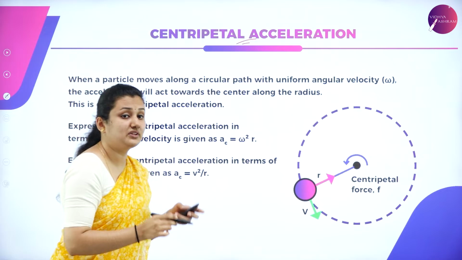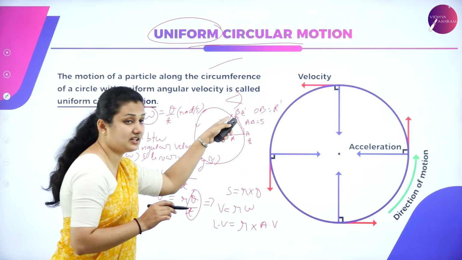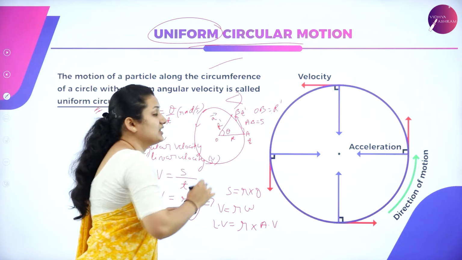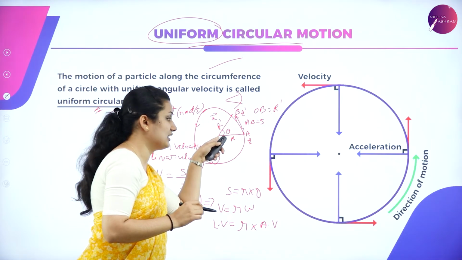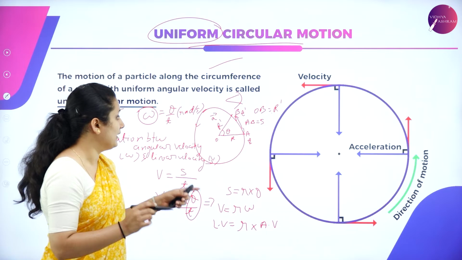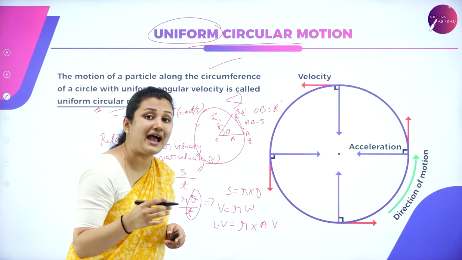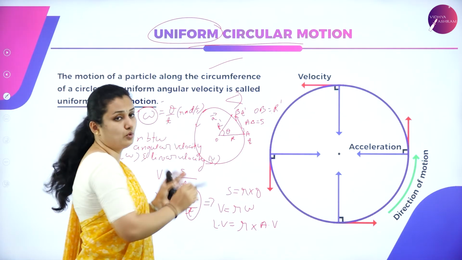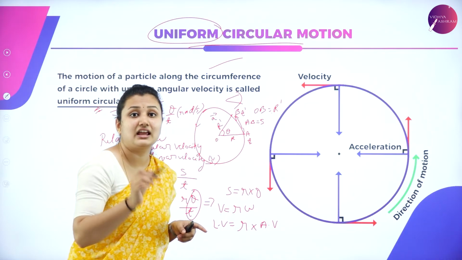When it is moving with uniform circular motion, a body will experience an acceleration along the radius vector at the center, the origin O.